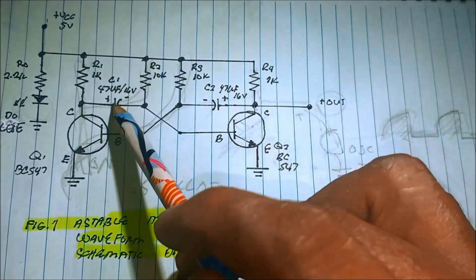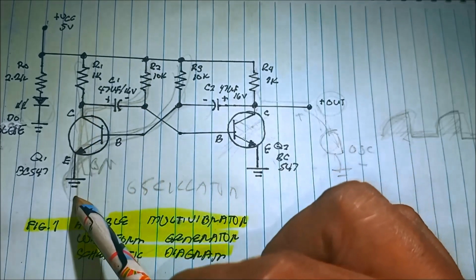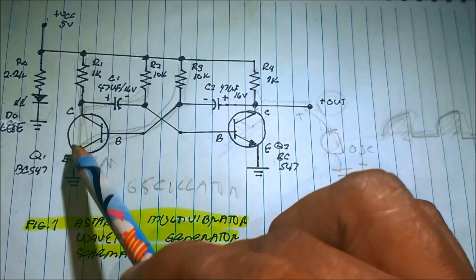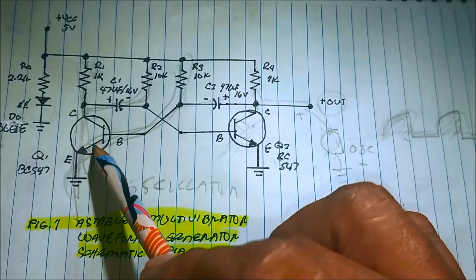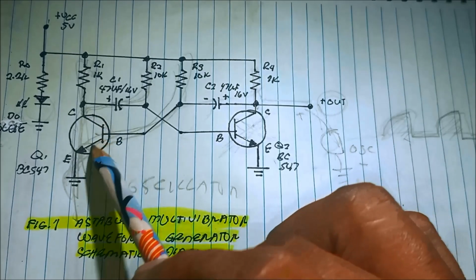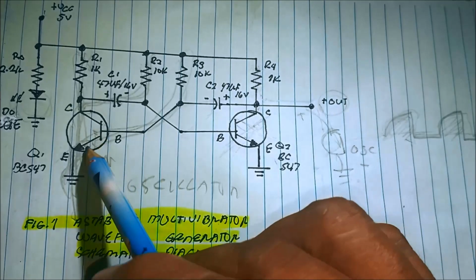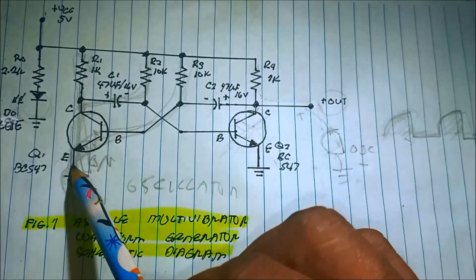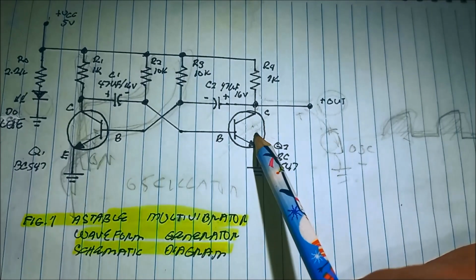And then the other capacitor will discharge through the collector to the ground, and then this collector resistor to the collector to emitter to the ground, causing this to turn on. It means it acts as a short switch, shorting this transistor and making this other transistor go off.